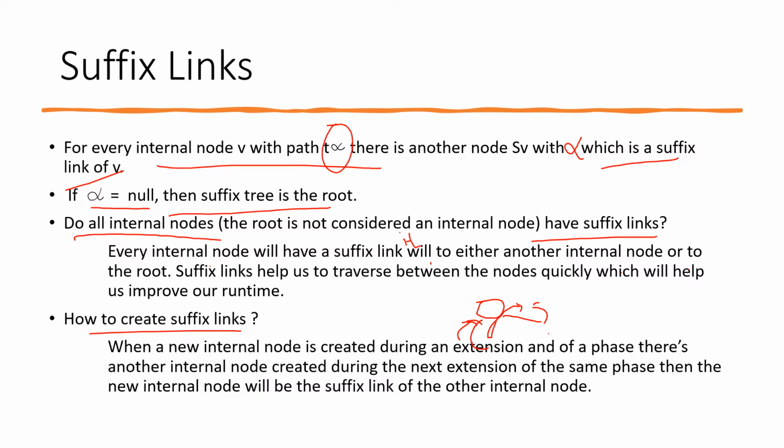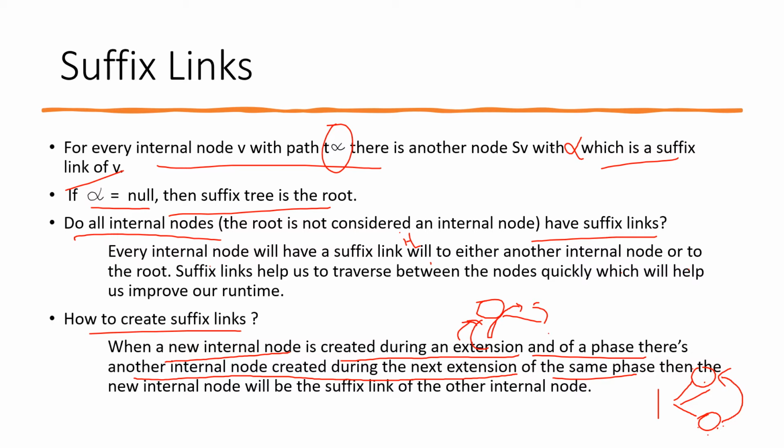And how to create suffix links? Just like I explained, when one internal node is created during an extension of a phase, there's another internal node created during the next extension of the same phase. So in one phase, if we have two or three extensions, and one internal node is created in one extension and another internal node is created in the next, there comes the suffix link between those two internal nodes.